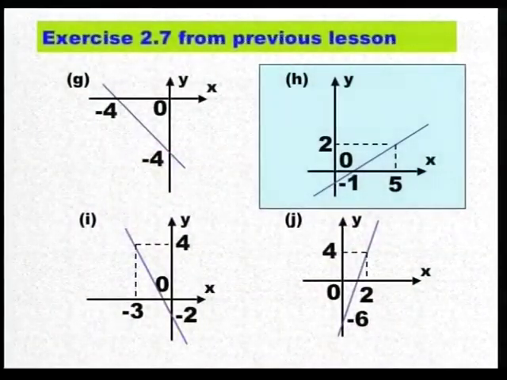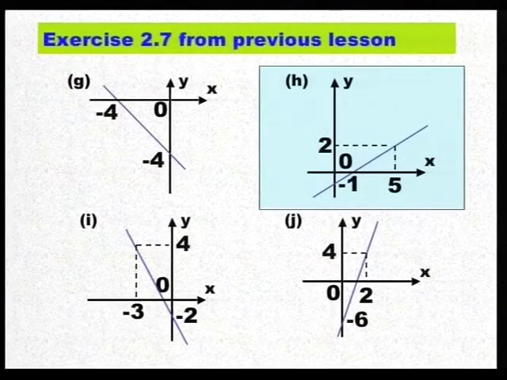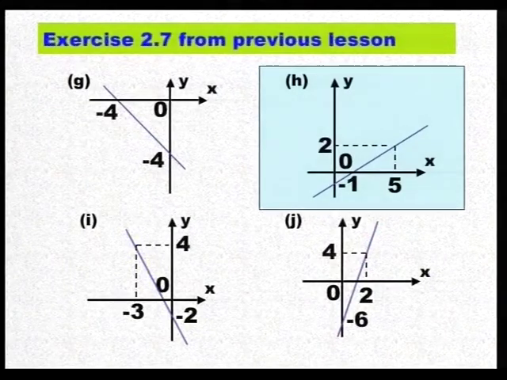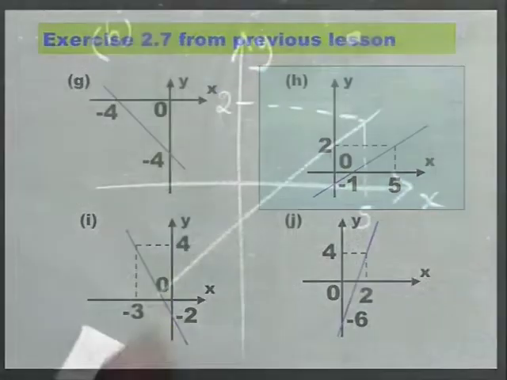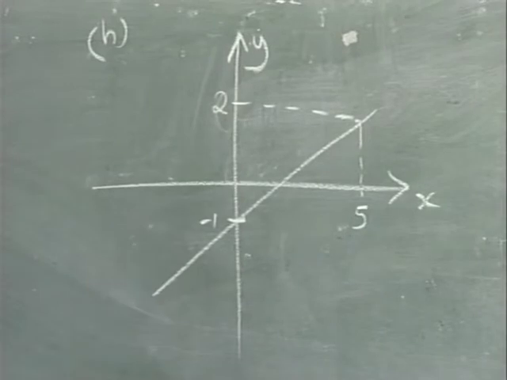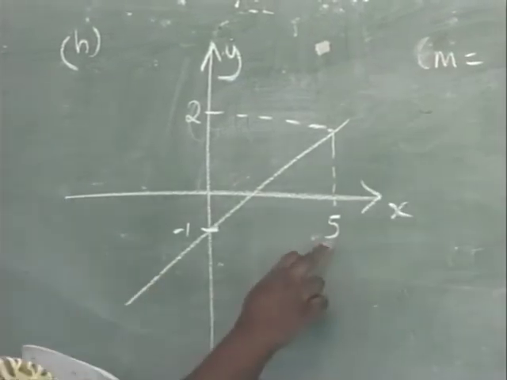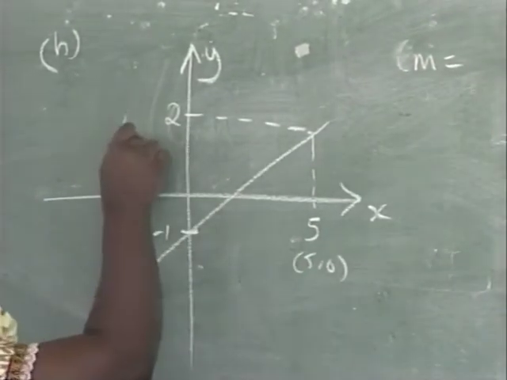Letter H. Okay, I'll just redraw letter H on the board. Okay, this was question letter H. The gradient, this is 5, 0, and 0, 2.